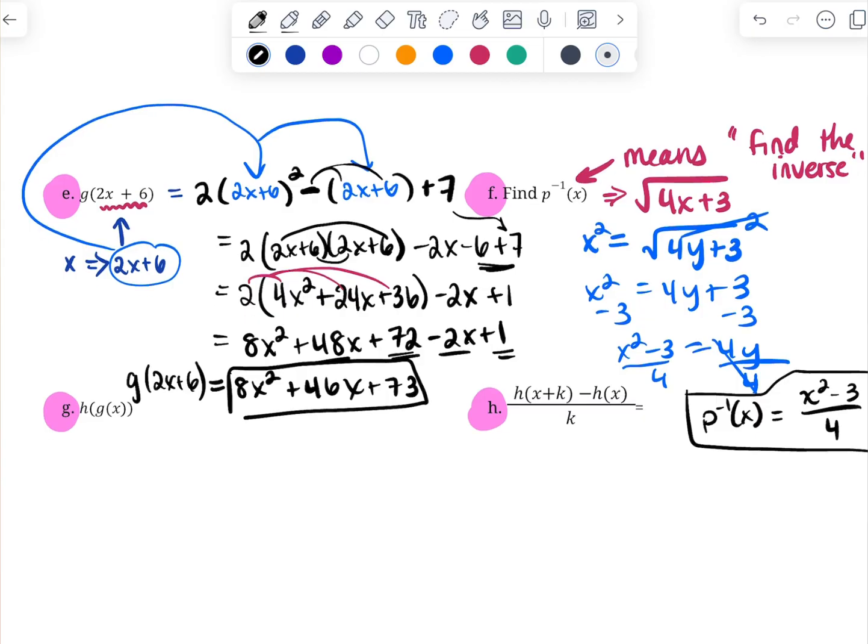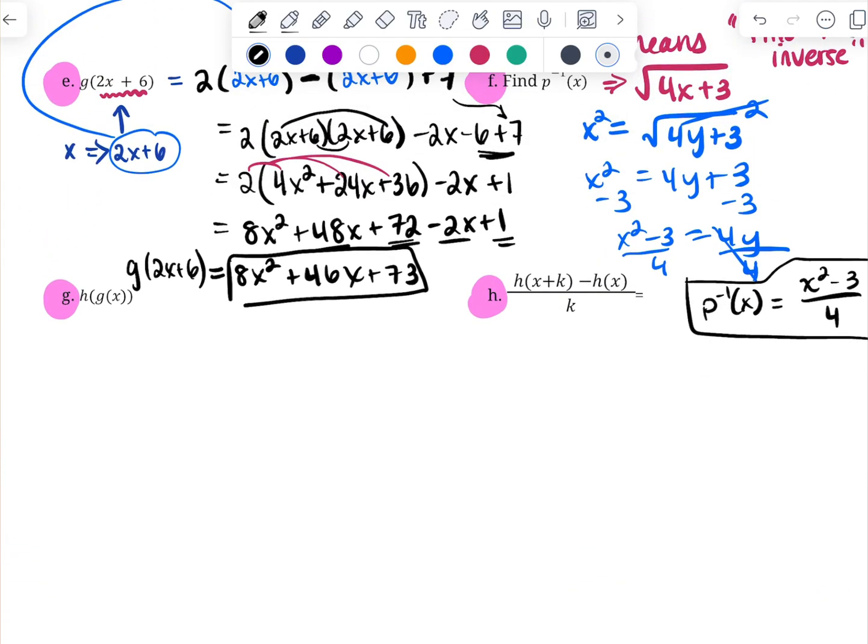All right, and then let's do one more problem that I get a lot of questions about. So this one right here, h. So the x plus k, I get that it's two letters, but it is the same problem as this guy over here, letter E. And then there's just some other stuff happening in addition.